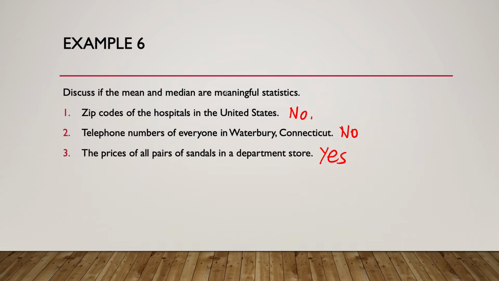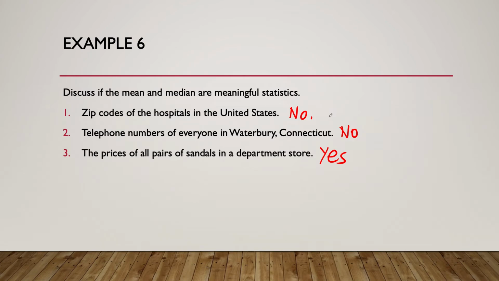A telephone number is, again, just a way of location, since it has that area code at the beginning, and then it has the various other numbers to pinpoint the exact location of who you want to call. So because of that, the mean telephone number or median telephone number doesn't really exist. So no, it makes no sense.